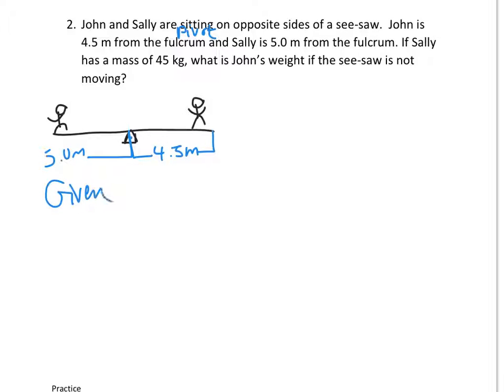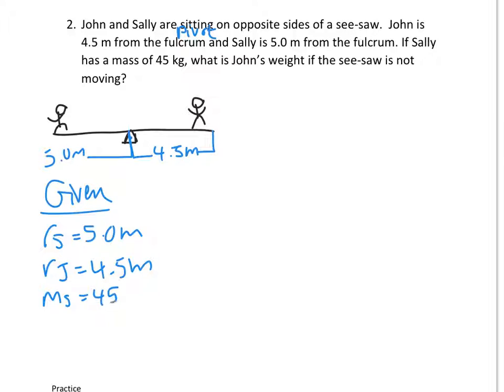So let's just list the givens here. Radius for Sally is 5 meters. Radius for John is 4.5 meters. It tells us that the mass of Sally is 45 kilograms. It's in equilibrium, it's balanced, so we're looking for John's weight, Fg, to keep that balance.